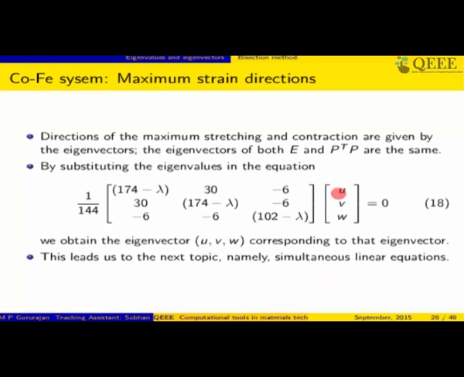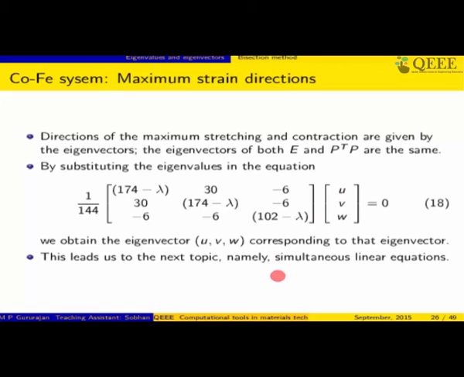You take some arbitrary UVW, and you are trying to calculate what the UVW values are. You have the eigenvalues, so you substitute one of the eigenvalues, for example substitute 1 here, or 0.7 here, or 0.4 here, and solve the resulting set of equations, and that will give you the eigenvector.